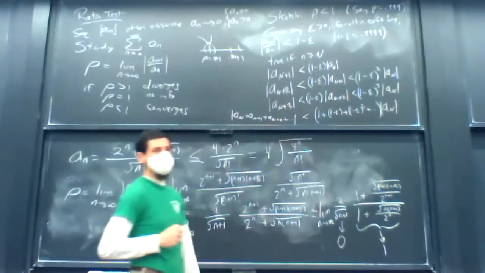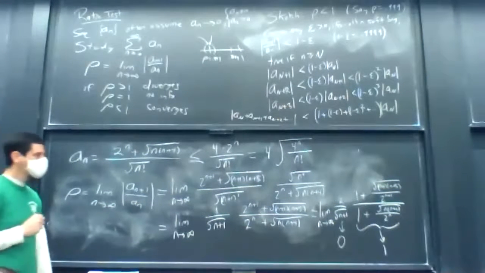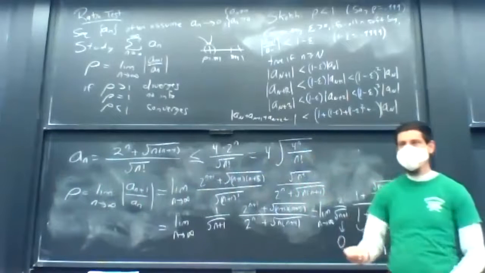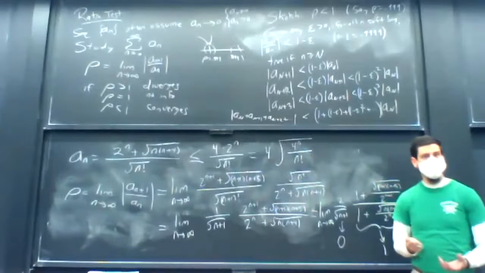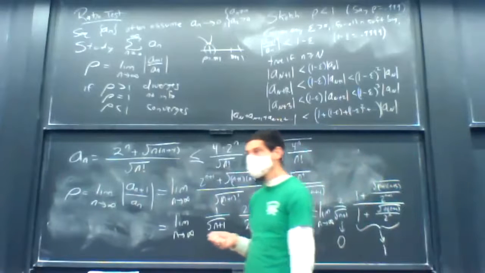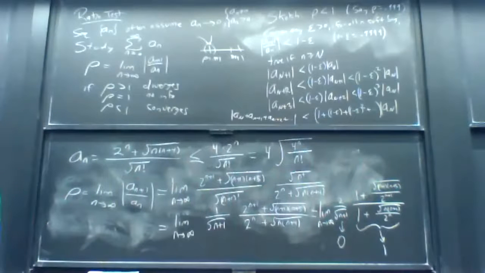So this is really typical of a lot of ratio problems. We don't have to calculate the limit precisely. We just need to be able to tell, are you less than 1? Are you equal to 1? Are you greater than 1? As long as it's less than 1, I don't care what value it is less than 1. Now, if I wanted to know how quickly it converges, the smaller rho is, the faster it converges.